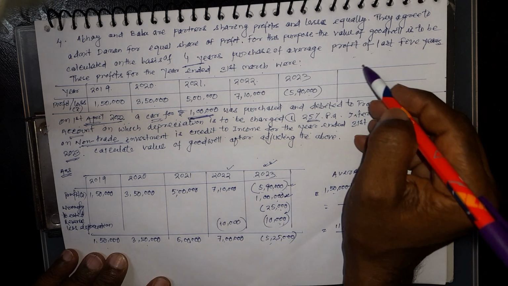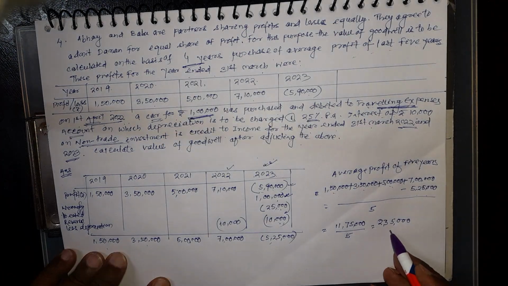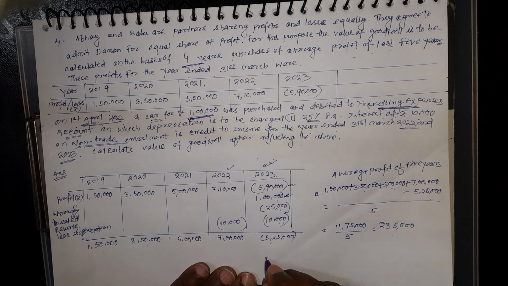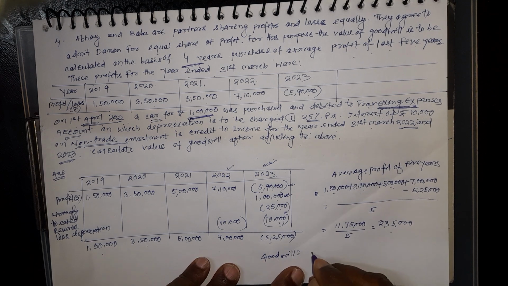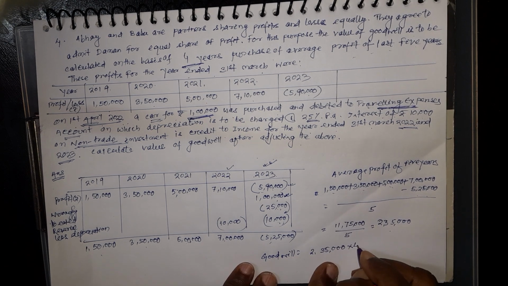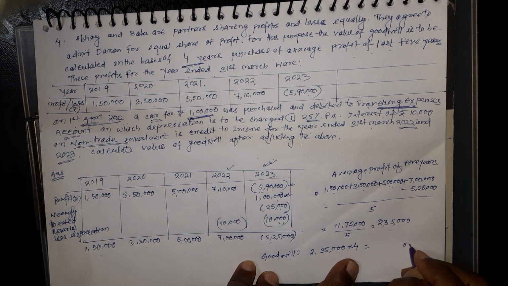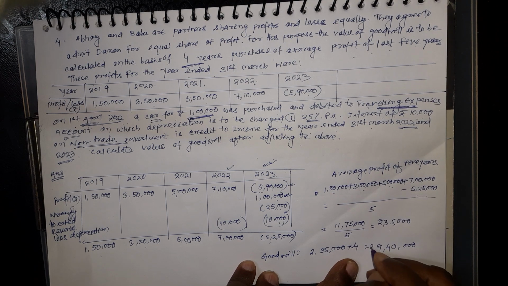Here it is written that goodwill will be calculated on the basis of 4 years purchase. So you have to multiply it by 4. Clear? So goodwill is equal to 2,35,000 into 4, which is 9,40,000.